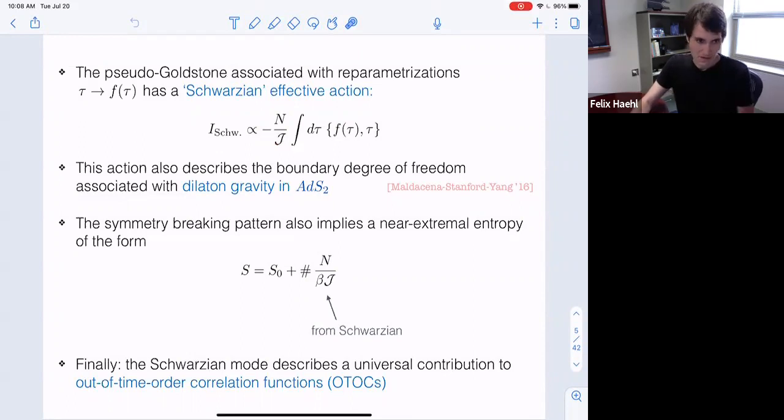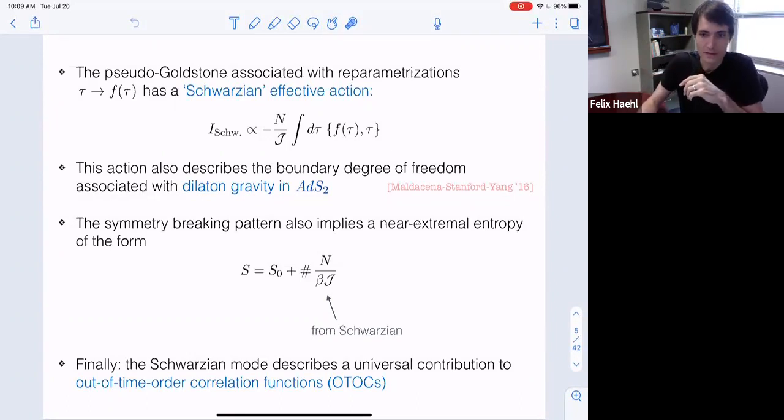This Schwarzian action makes the connection with gravity quite explicit, because it also appears as the gravitational action describing the boundary degree of freedom of certain dilaton gravity in AdS2. Now, a complete microscopic understanding of this holographic connection is still missing, but many features at low energies are described accurately by this JT gravity model.